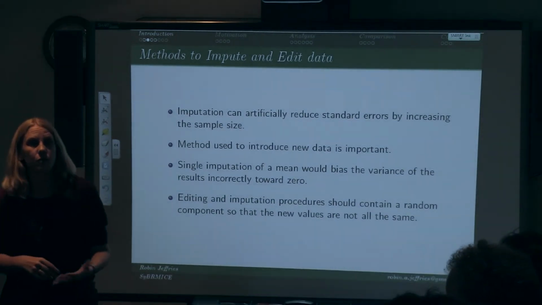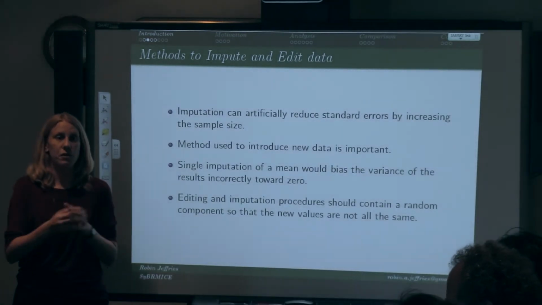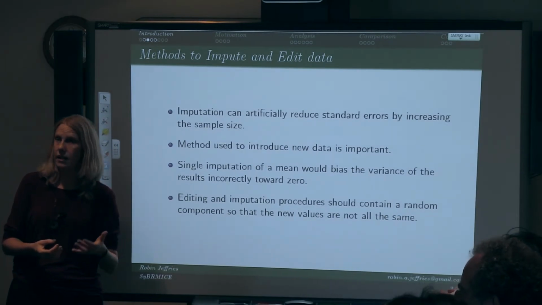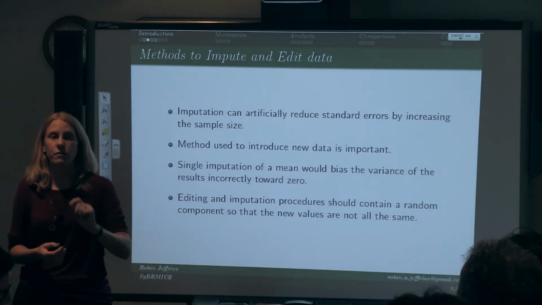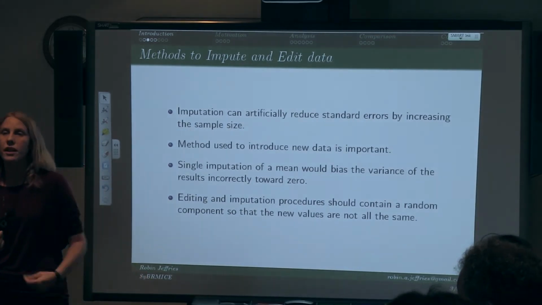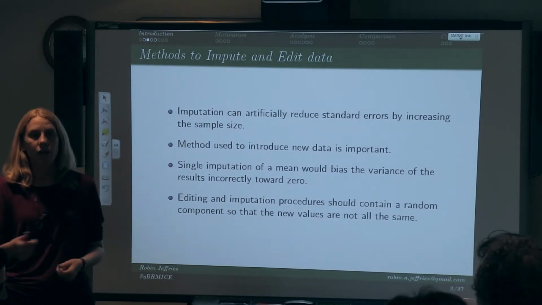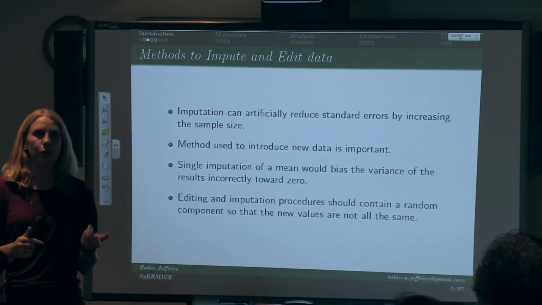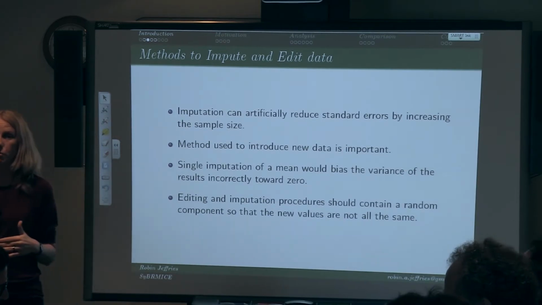For example, if you take the average of all your observed values and use that mean as your imputed value for all of the missing data, you're going to bias the variance of your final result towards 0. So any imputation and editing process should contain some sort of random component, so that every value you're filling in or changing is not being changed to the exact same thing across the board.